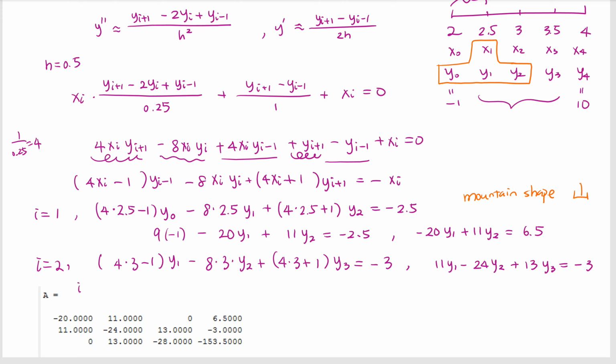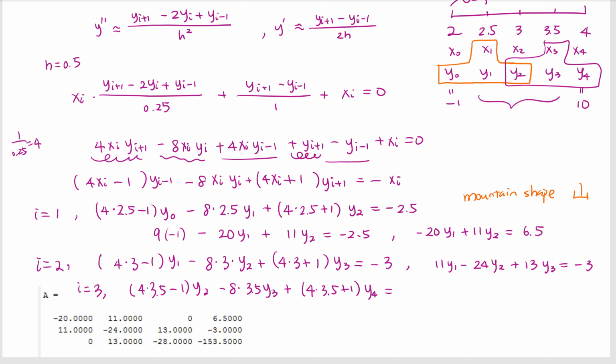And then i equals 3. Wow, the mountain is right here. So 4 times 3.5 minus 1, y2 minus 8 times 3.5 y3 plus 4 times 3.5 plus 1 y4 equals minus 3.5.